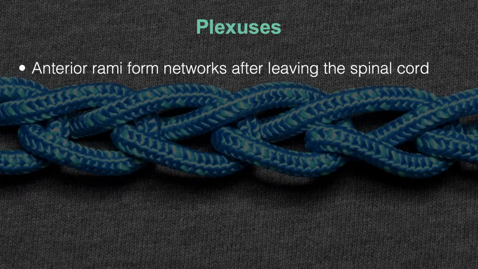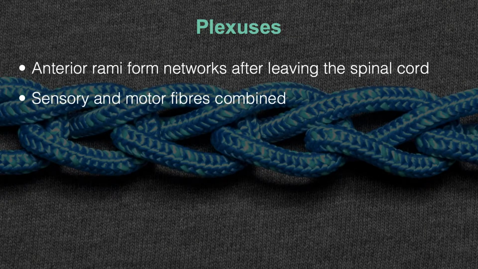After leaving the spinal cord, the anterior rami will combine with other rami, which then split. It might combine with 2 or 3 rami and make a big cord, and then split. Importantly, whether they combine or divide, every combination and division takes with it both motor and sensory fibers.